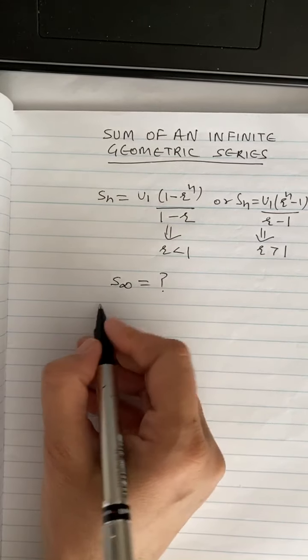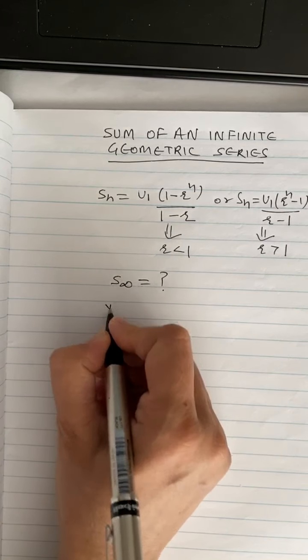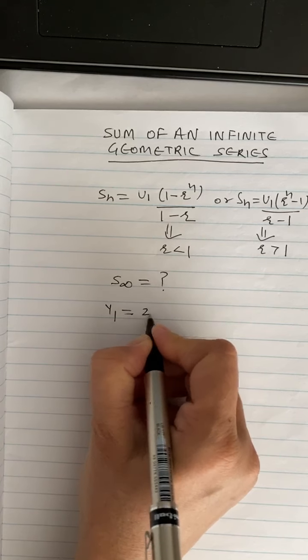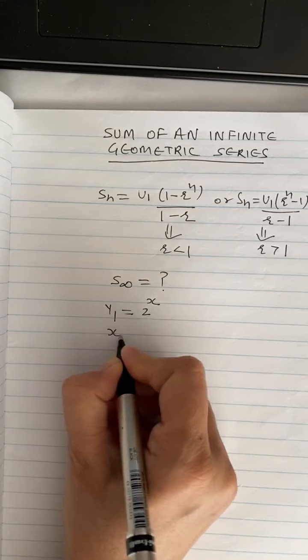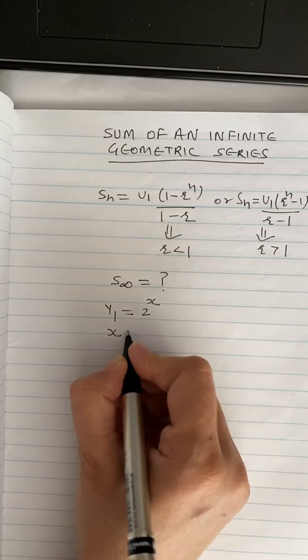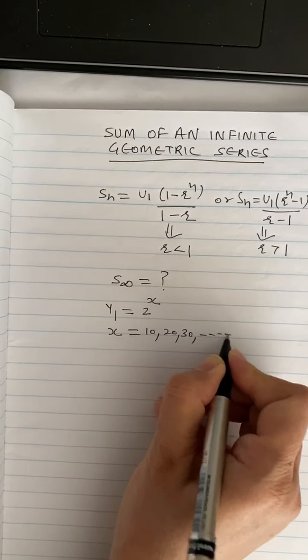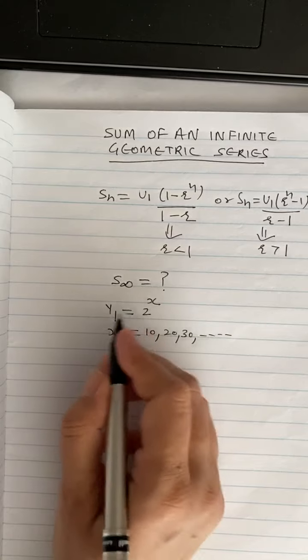Now, first of all, what if I have a function, let's say y1 is equal to 2 to the power of x, and then x approaches infinity, x approaches a very, very large number, for example 10, 20, 30, and so on? Then what will happen to the value of y1?